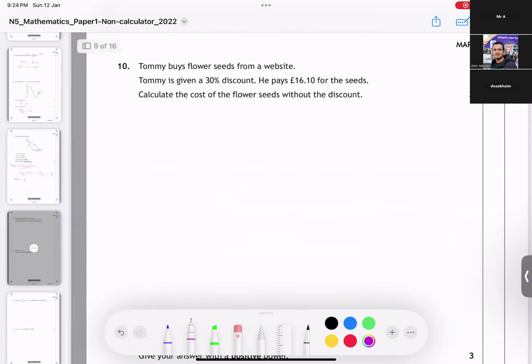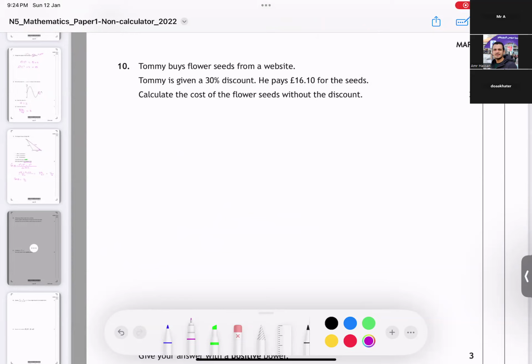Okay. What about this one? The point is, from a website, it's given a 30% discount, and he pays 16.10. So this one, without discount, it's really easy, right?